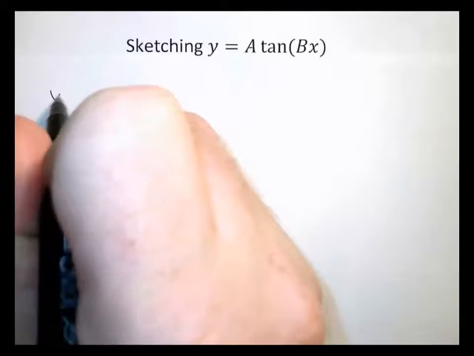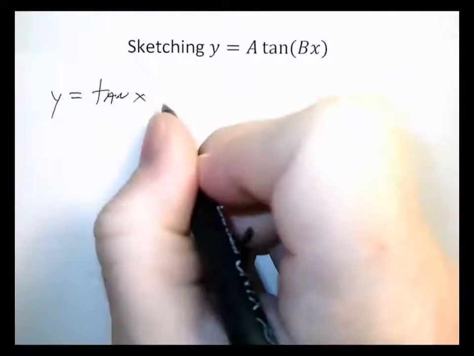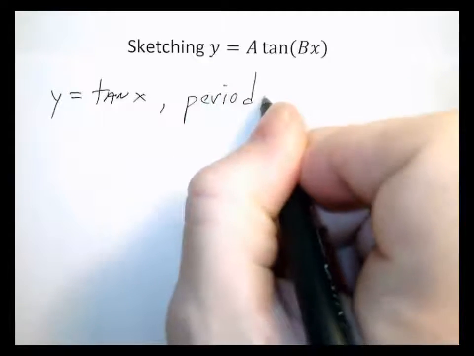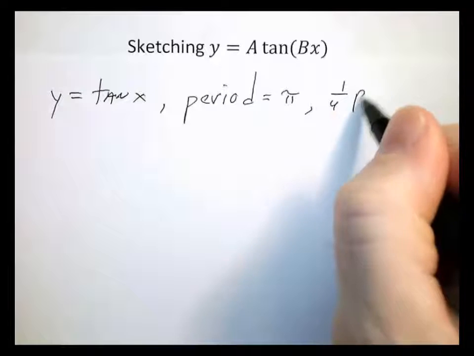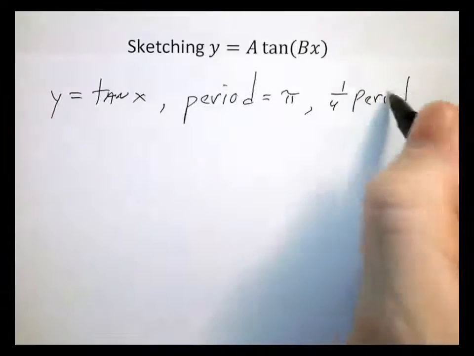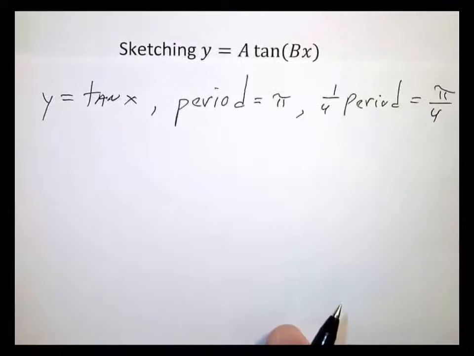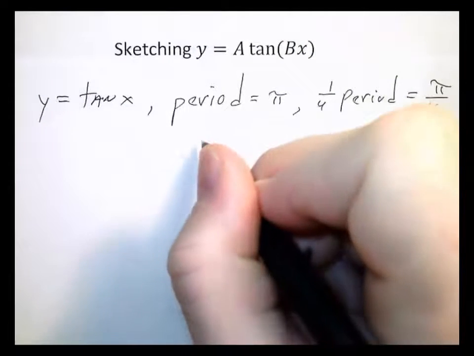Okay, we have y equals the tangent of x, and this period is pi. So 1/4 of the period is pi over 4. And this essentially tells me where I want to have my tick marks, pi over 4 apart.